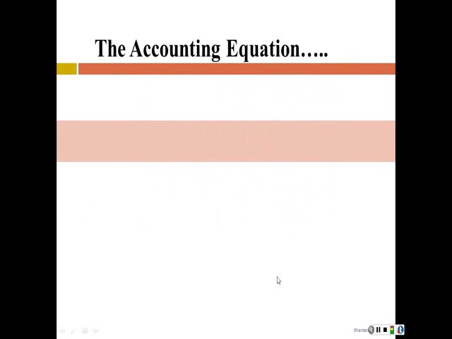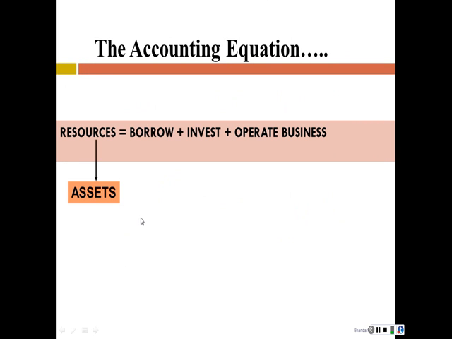So how did this equation come about? We get resources by either borrowing money to acquire those resources, or investing some of our own money, or using the money that the business's operations generate. That's how we acquire resources, right? So resources are referred to as assets.